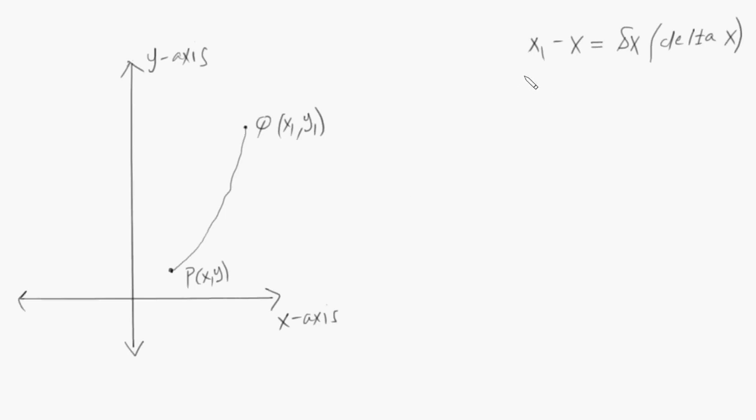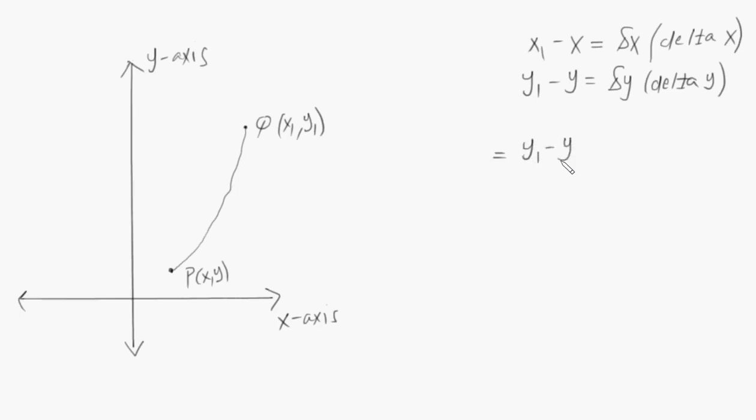So the change in y is now y1 minus y, which is denoted by delta y. Na yenyewe inasomeka hivyo, delta y.